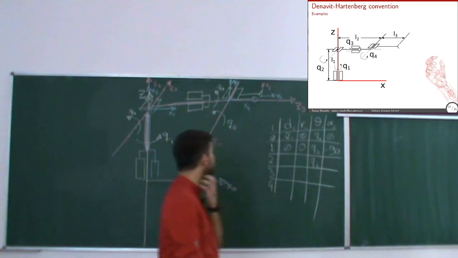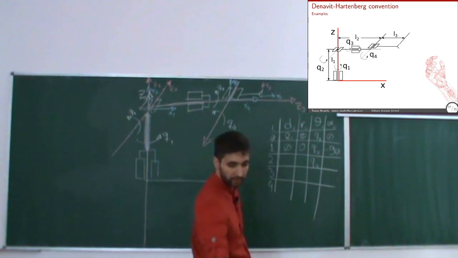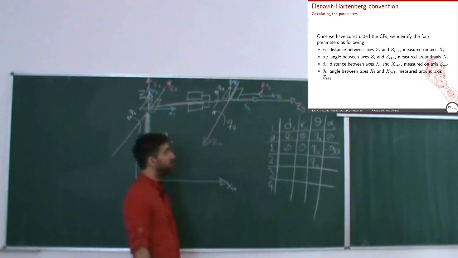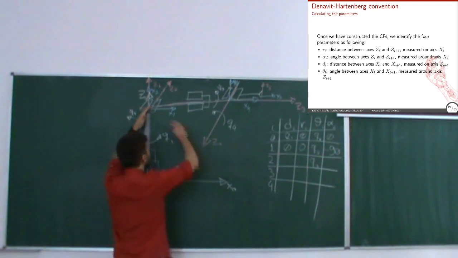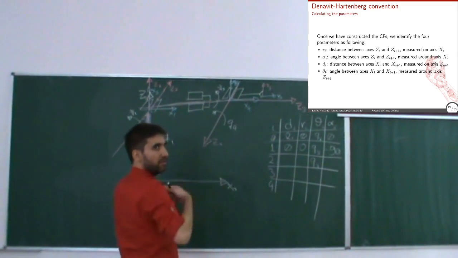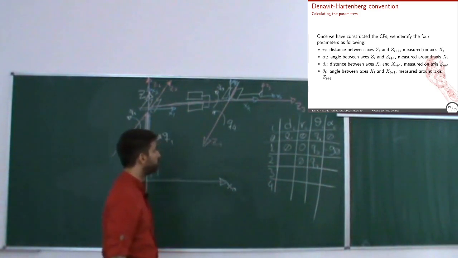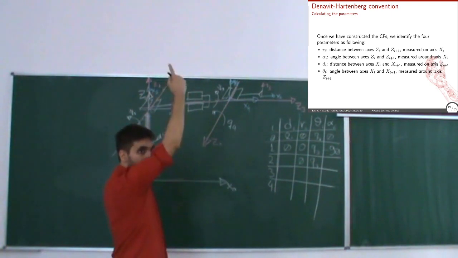Now quickly, how about d, r and alpha? What should be r? r is the distance between Z2 and Z3. Z2 points towards there, Z3 points towards there. They are intersecting, so they're at 0 distance. What is the angle between Z2 and Z3 along X2?